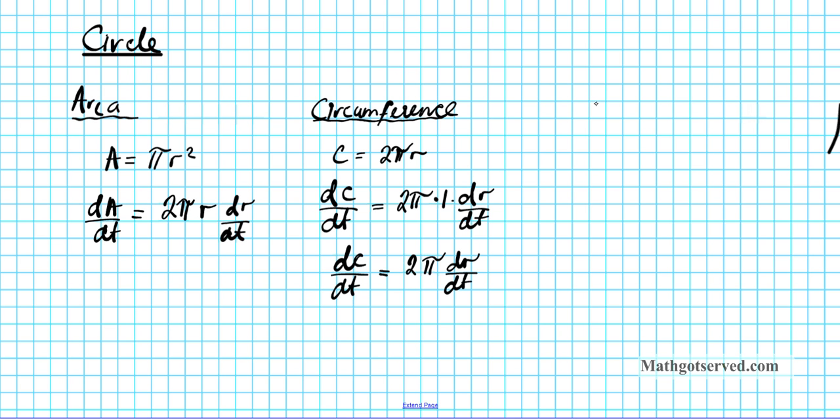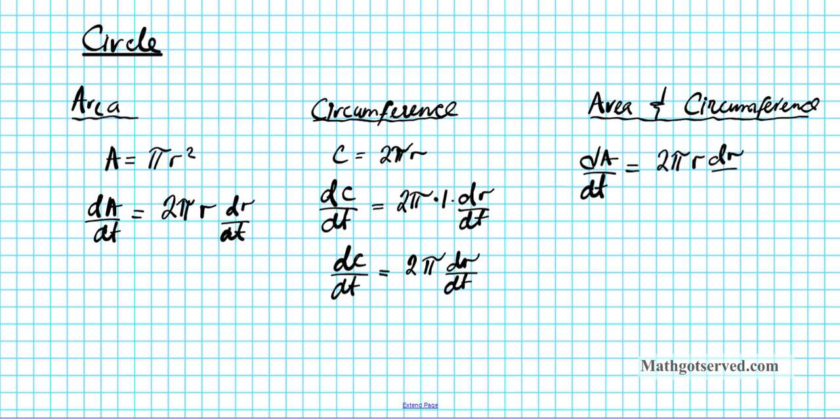How about if we have a formula that is a combination of area and circumference? How can we deal with that? How can we write that out? If you have a combination of the area and circumference, what's going to happen is as follows. If you notice, the area formula has a 2 pi and a dr/dt, and 2 pi dr/dt is basically what dC/dt is. Okay, so let's rewrite dA/dt. dA/dt is 2 pi r dr/dt.